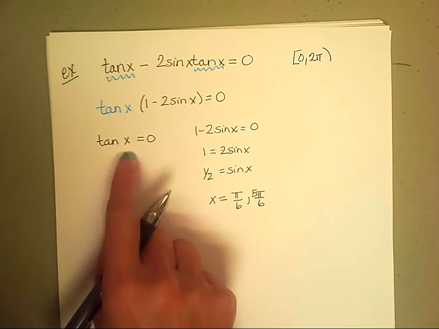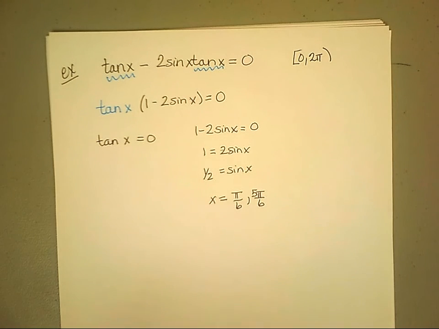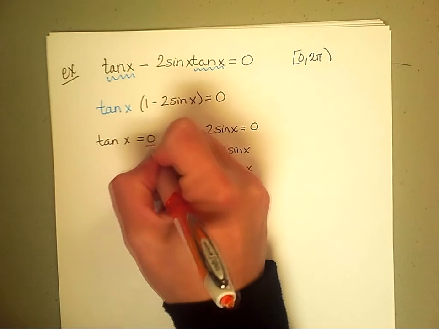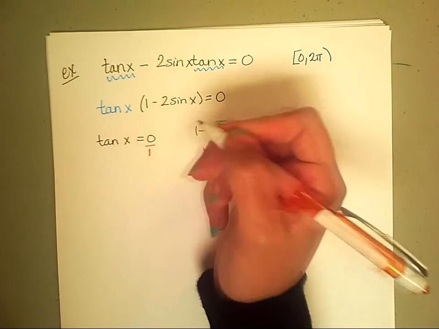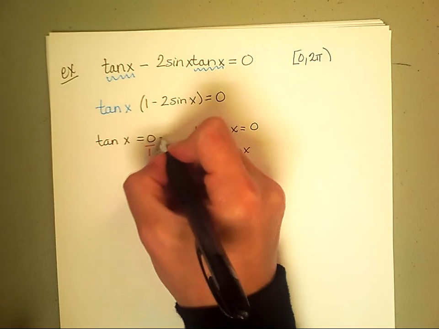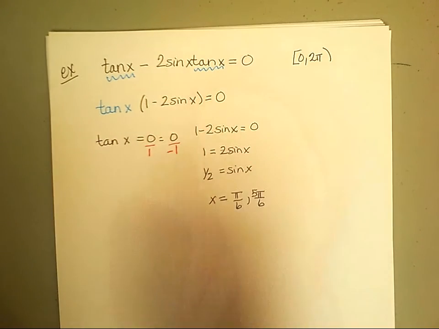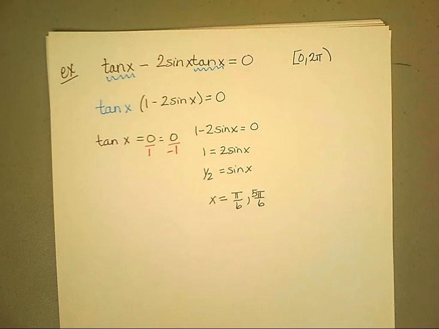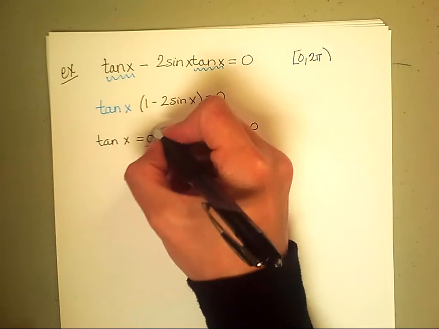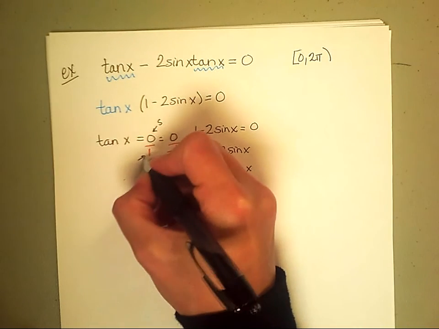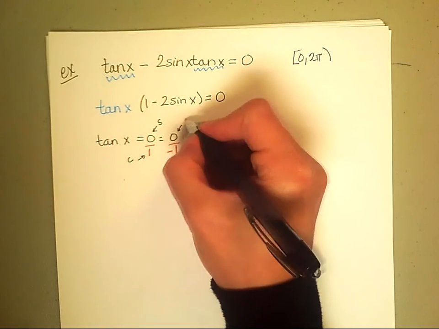Okay. Question about the tangent of x equals 0. Okay, so remember, we can write anything as over 1. But also, if we had 0 over negative 1, that would still be 0. So why I bring that up is, remember, this is our sine, and this is the cosine.